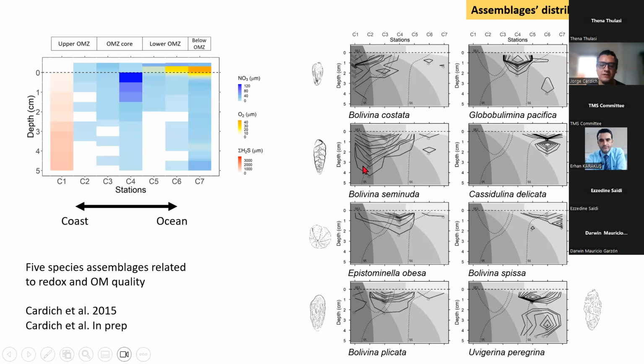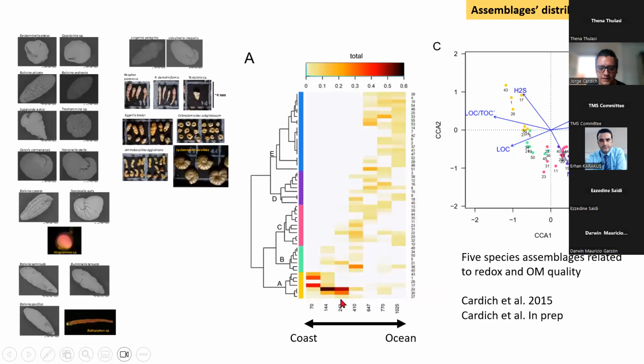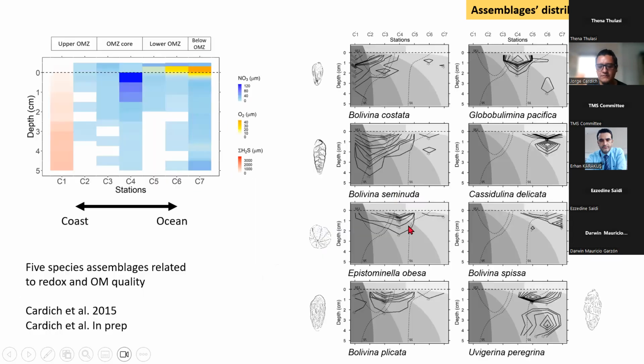Bolivina seminuda, that is the queen of the OMCs, at least in this OMC, is very abundant in the core and through the OMC down to this station that was, we're going to see very quickly, 600 meters. And Bolivina spissa, that is not present across the OMC, only in the lower limit and below the OMC.